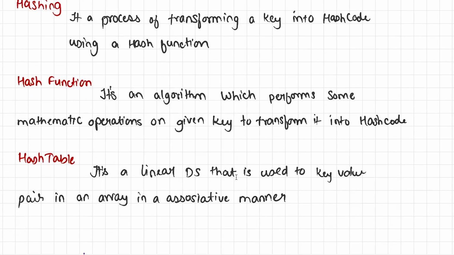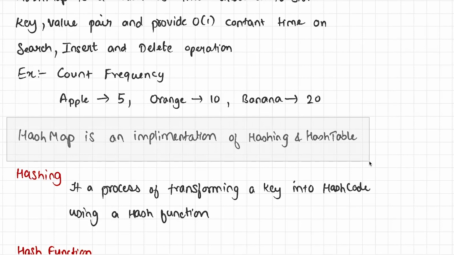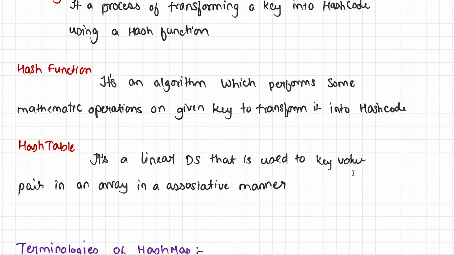A hash table is a linear data structure that is used to store key value pairs in an array in an associative manner. As I said, HashMap is implemented using hashing and hash table. That means HashMap also uses an array internally and stores all the key value pairs in an associative manner. I hope by now hashing, hash function and hash table are clear to you. Now let's move on.